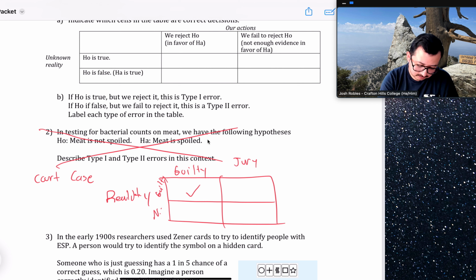So there's not guilty. The jury can say not guilty. In reality, that's not how you phrase it. You say innocent. If the jury comes back not guilty, the correct answer would have been if they were innocent.